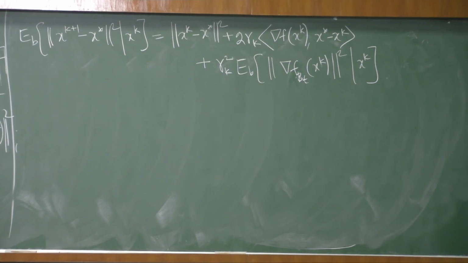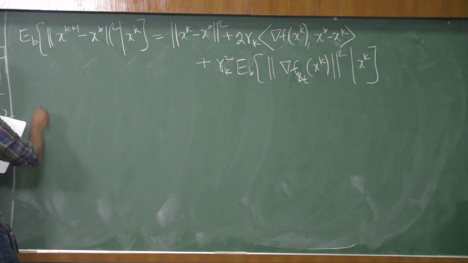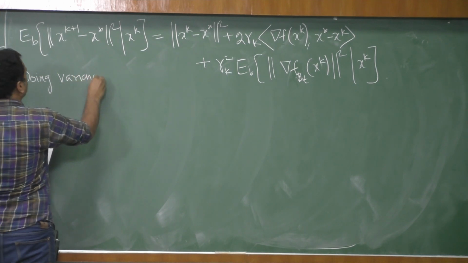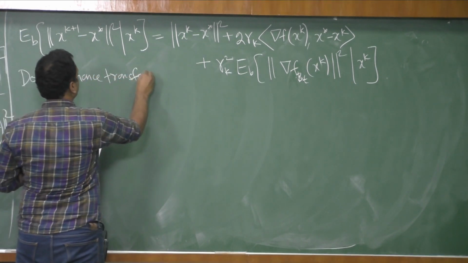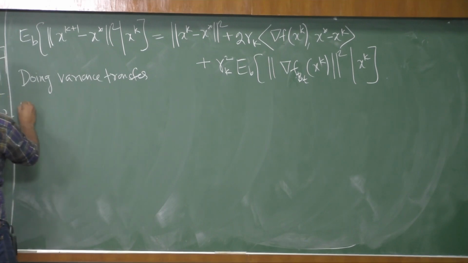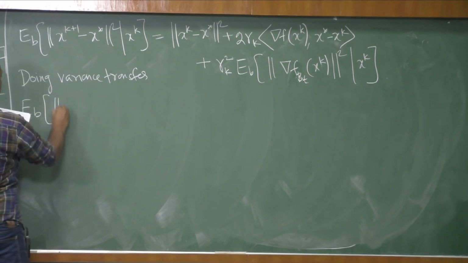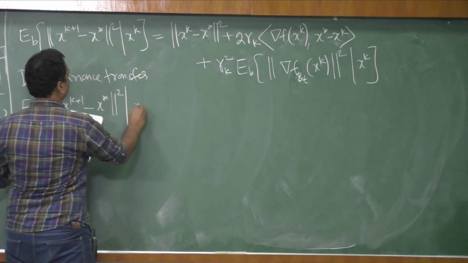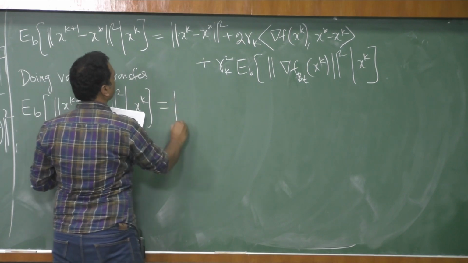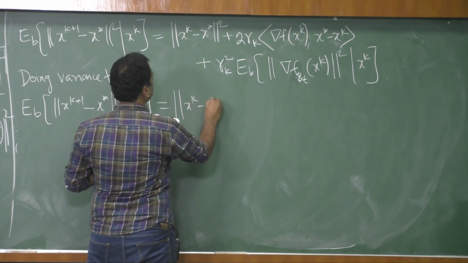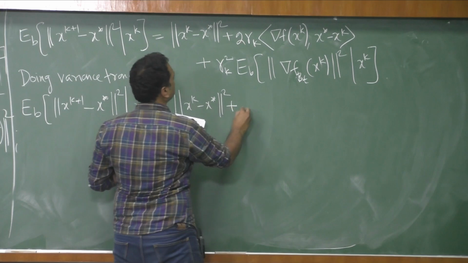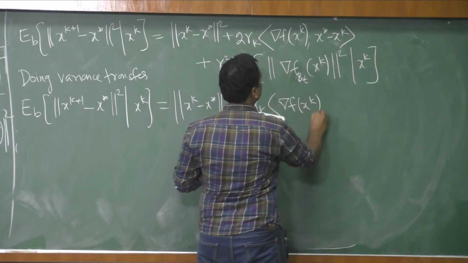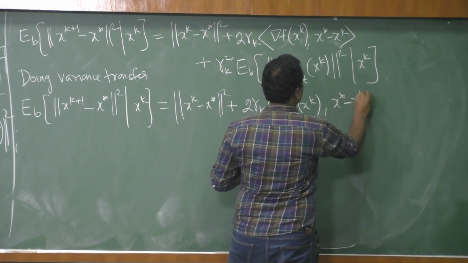So doing variance transfer, we have E_B of norm of x_{k+1} minus x star squared given x_k, and this is norm of x_k minus x star squared plus 2 gamma_k grad f(x_k) inner product x star minus x_k.